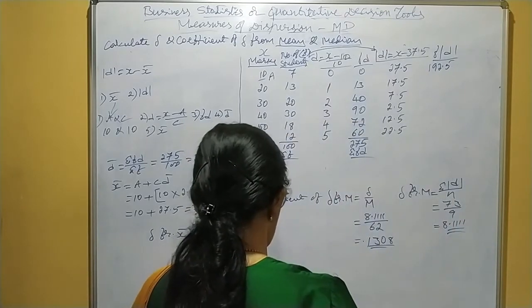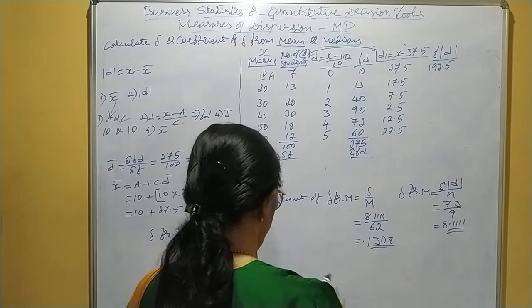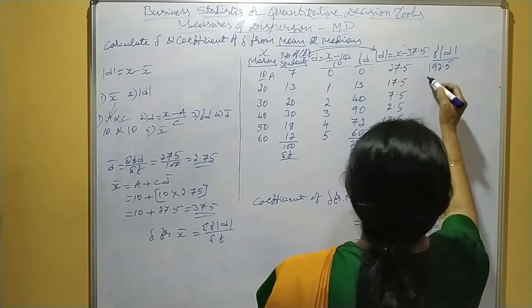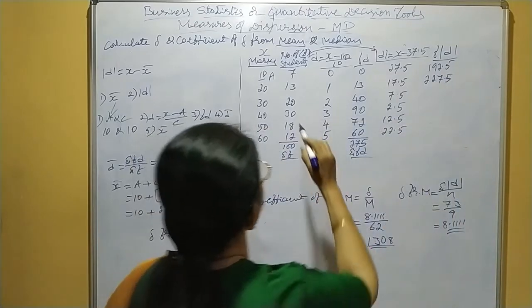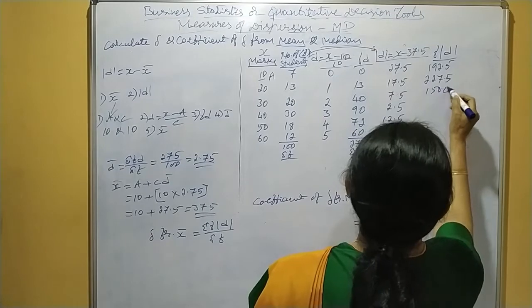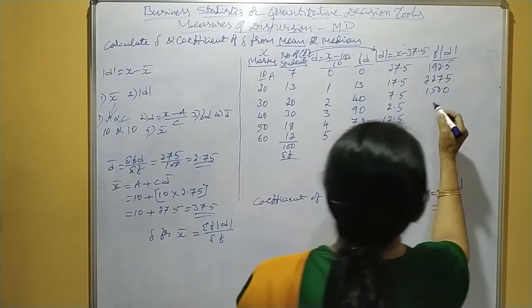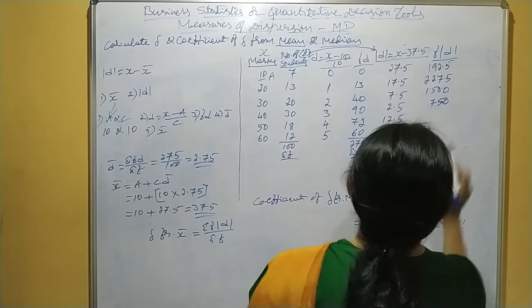Next 13 into 17.5, 227.5. 20 into 7.5, 150. 30 into 2.5, 75.